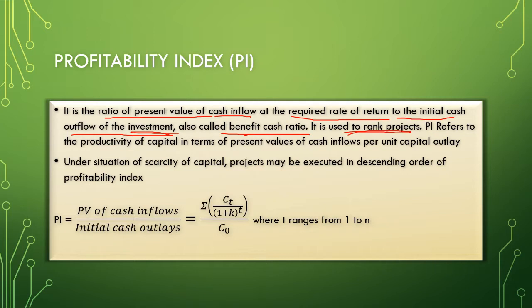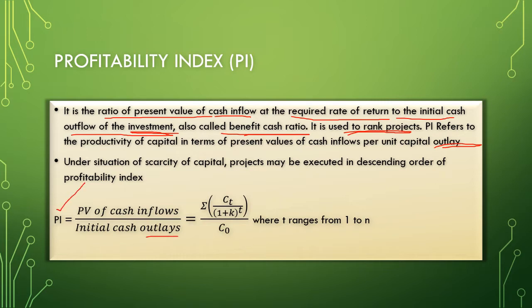PI refers to the productivity of capital in terms of present value of cash inflows per unit of capital outlay. Here outlay is the investment. So it is the ratio of the present value of cash inflows to the initial cash outlay.